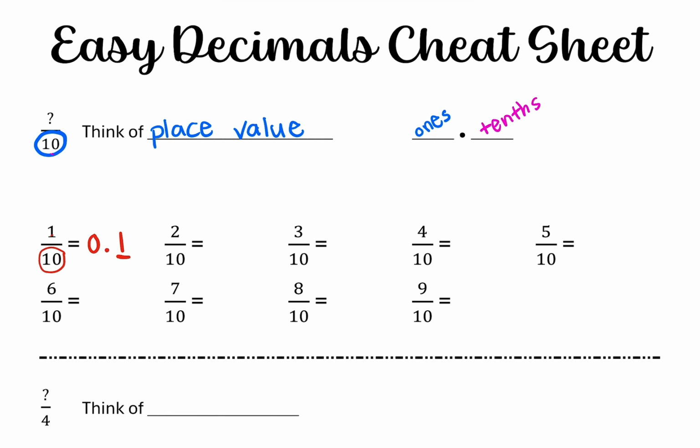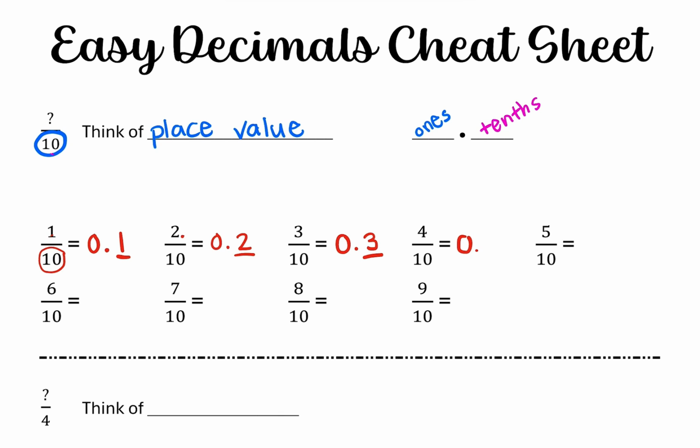So for the next one, I would want my 2 in the tenths place. So 0.2 because my 2 is in the tenths place. And then it's just a pattern after that. So 3/10 would be 0.3 because the 3 is in the tenths place.